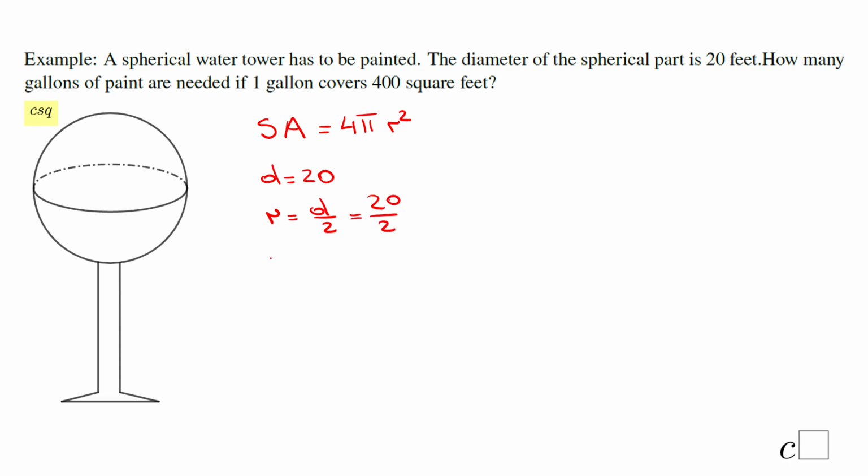So the radius will be 10. We can go back here and get the surface area now. 4 pi times 10 squared. So that will be 4 pi times 100.